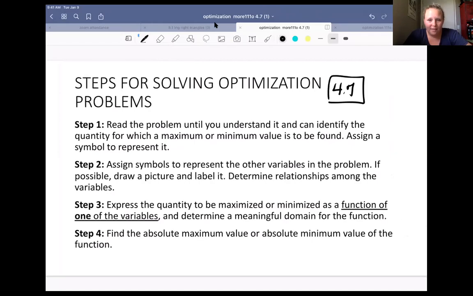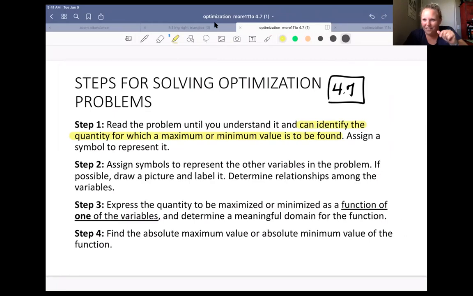But the steps, as bland as they may look, it has you read the problem until you understand it. But really the biggest thing here is your ability to, that's a weird color, let's do maybe yellow, to be able to identify the quantity that you're trying to optimize. So by optimizing it, you're going to either minimize something or you're going to maximize something.